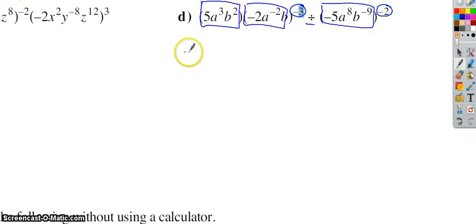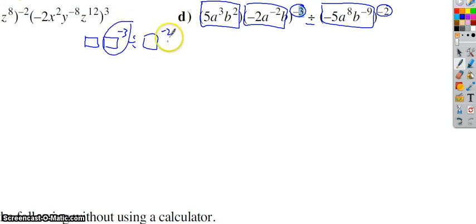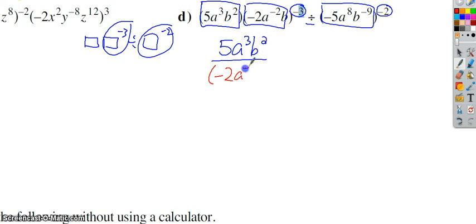So basically, you just have a chunk of thing, like a thing to the negative 3, divided by a thing to the negative 2. So what do you do? You flip this thing to the bottom, you flip this thing to the bottom. So when you flip to the bottom, you can put it in the bottom of this. Okay? So I'm just flipping that to the bottom and change it to 3.